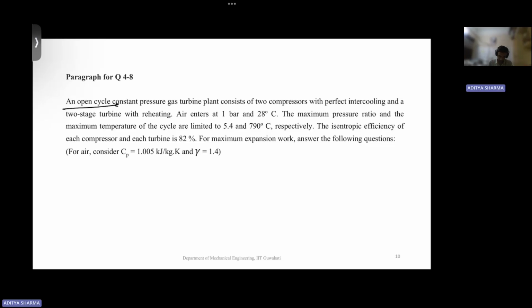An open cycle constant pressure gas turbine plant consists of two compressors with perfect intercooling and a two-stage turbine with reheating. So this is an example of gas turbine cycle with your intercooler and your reheater.